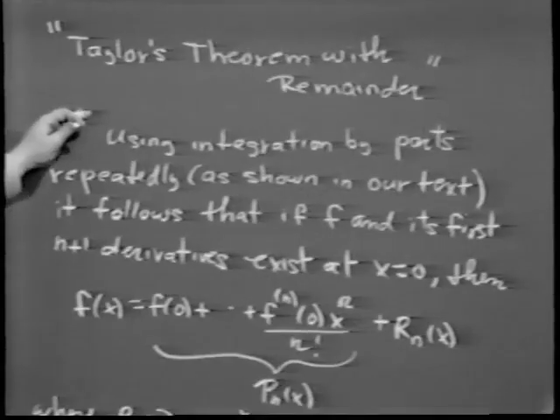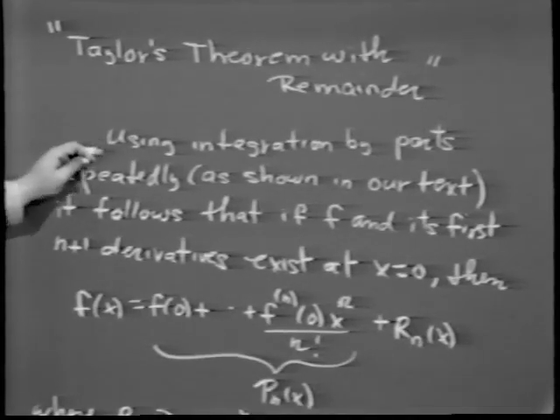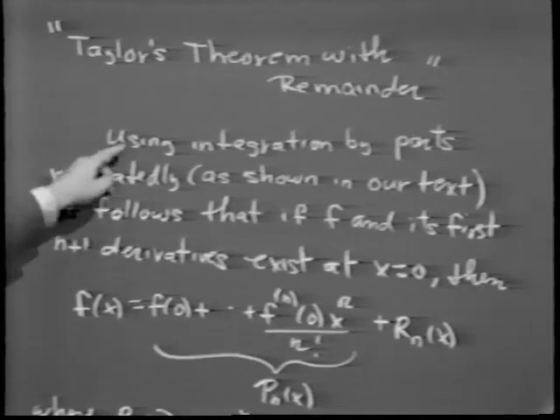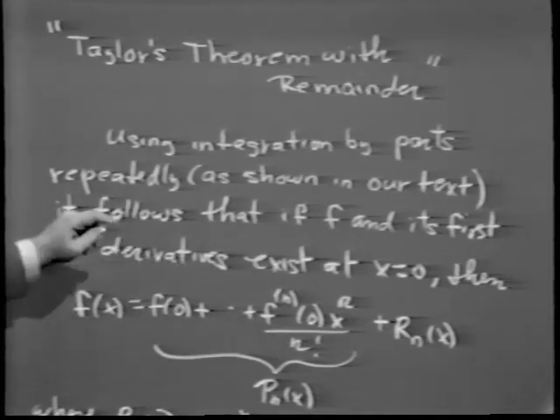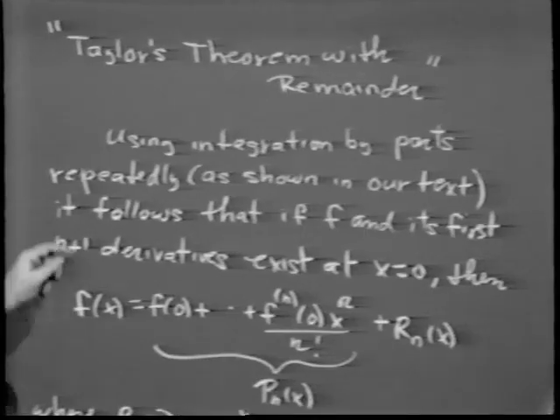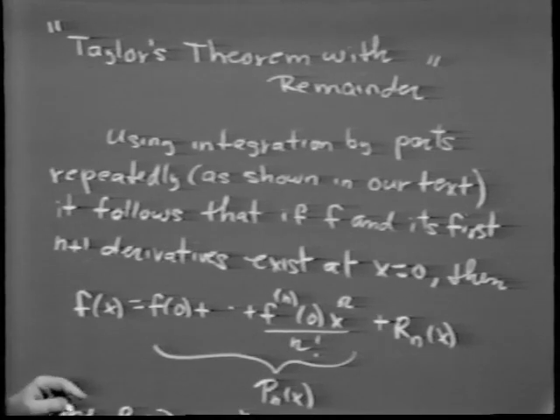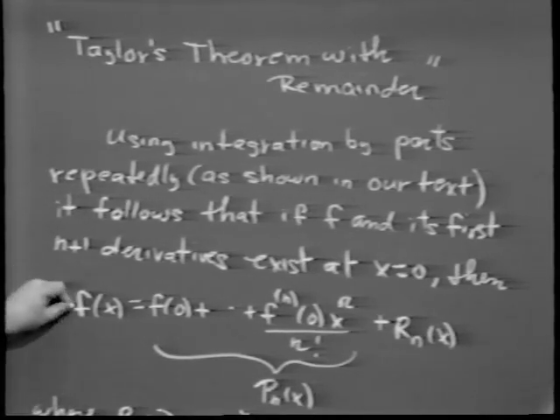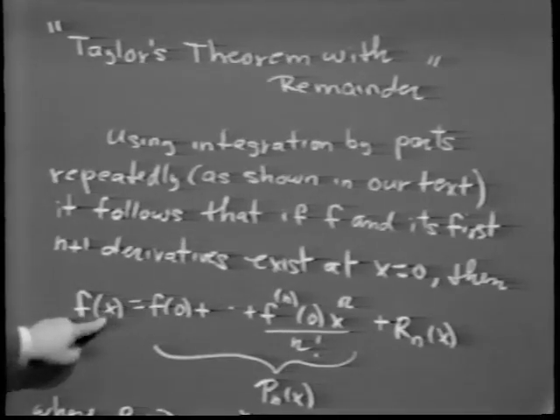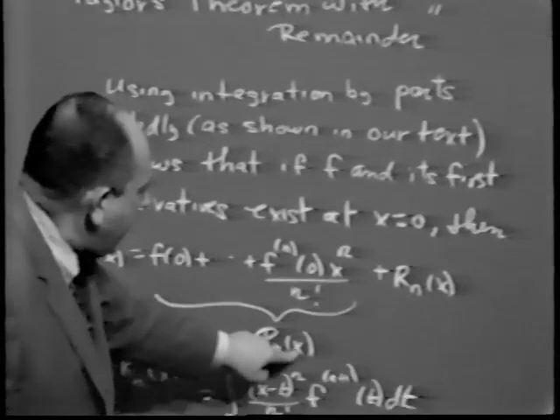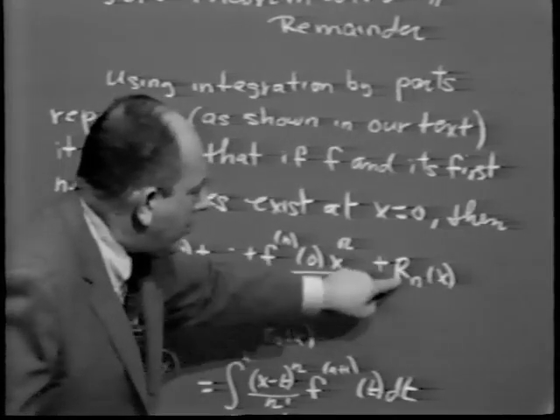The proof is given very, very nicely. I think the hardest part is to show what the thing means. You see, using integration by parts repeatedly, which is done in the text, it follows that if f and its first n plus 1 derivatives exist at x equals 0, it turns out, and this is why this is called Taylor's theorem with remainder, that f of x can be written as Pn of x plus a remainder term, r sub n of x.